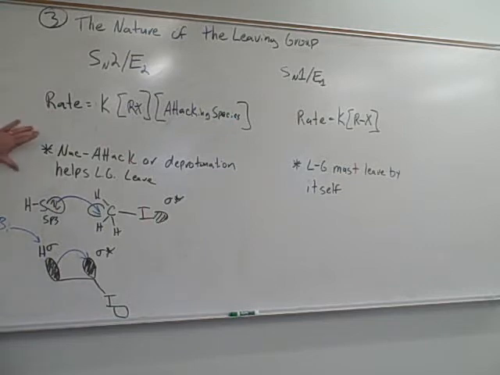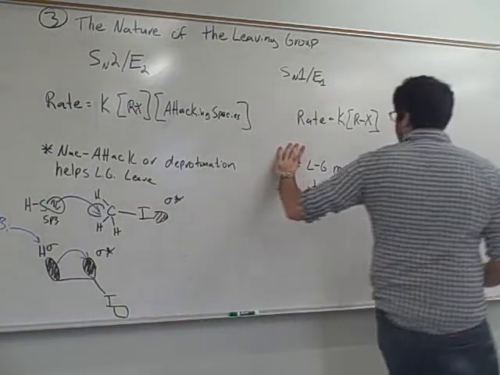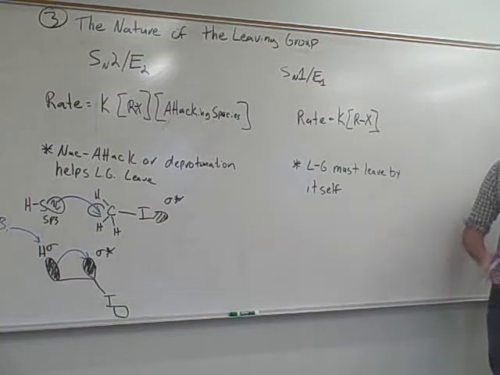So in this case, whether our leaving group is spectacular or just okay is not as big a deal with an SN2-E2 reaction as it is with an SN1-E1 reaction, where the leaving group has to completely leave of its own volition.